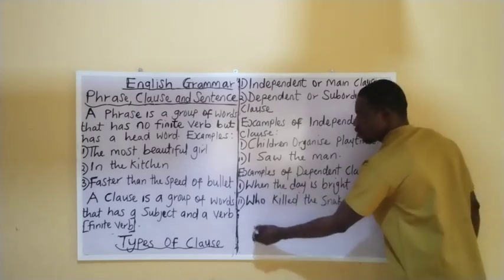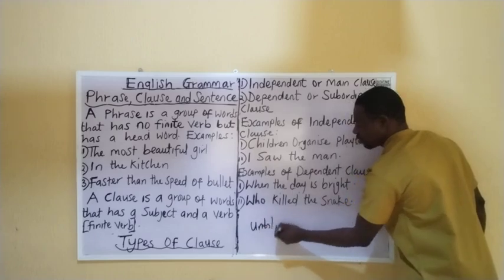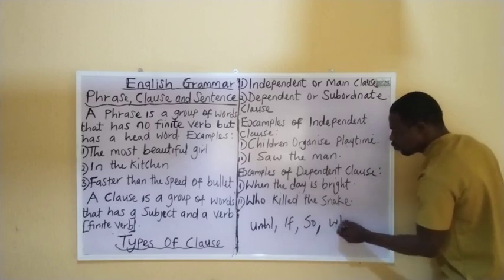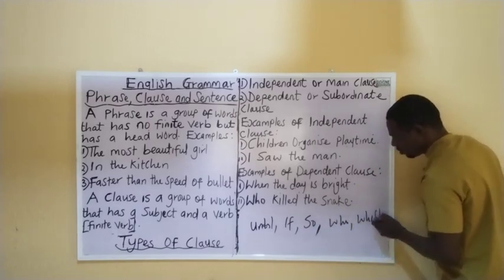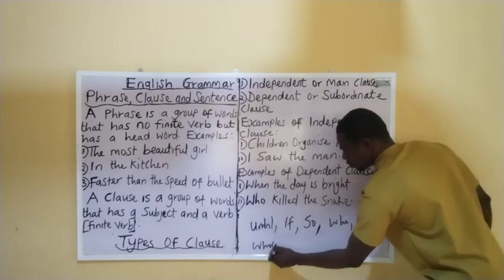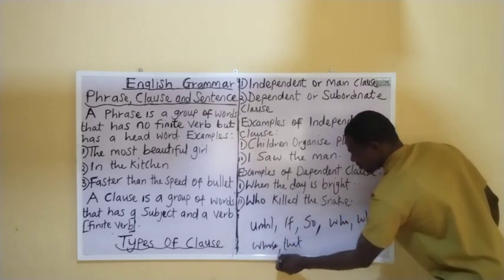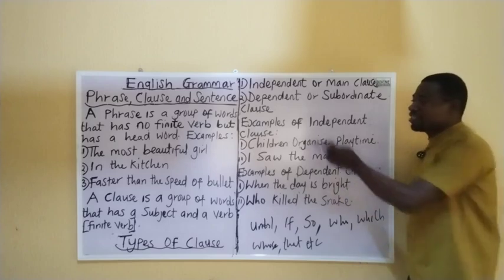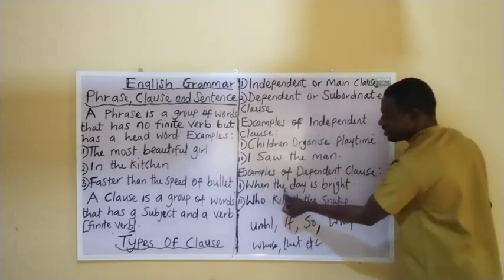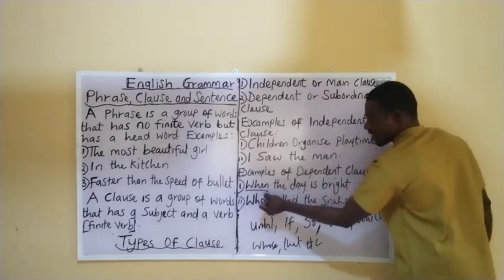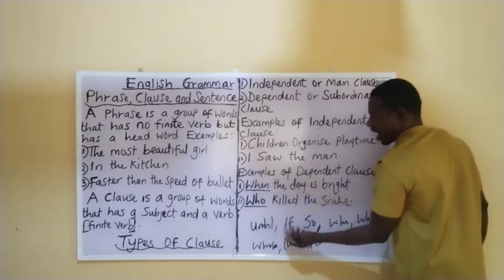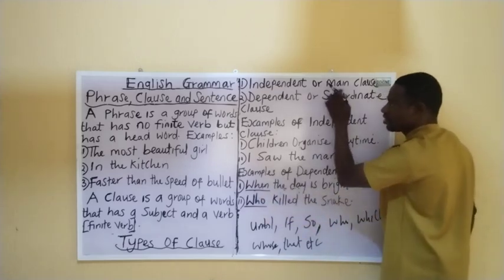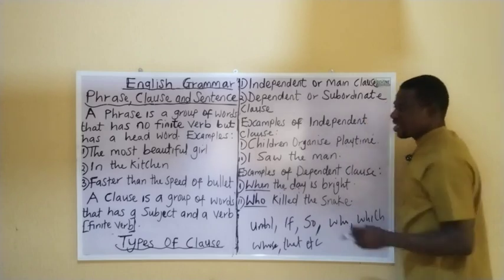Apart from when and who, we still have until, if, so, which, whose, that, etc. These are subordinators that help to introduce dependent clause. So the presence of when here and who here has helped this statement to become a subordinate clause or a dependent clause.